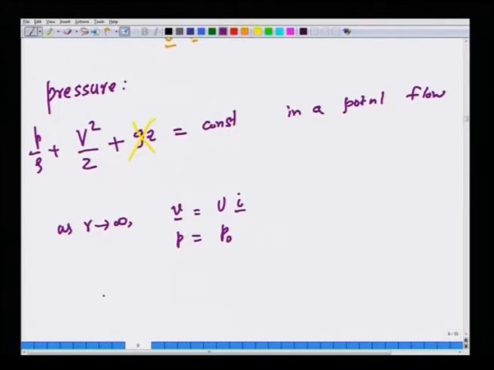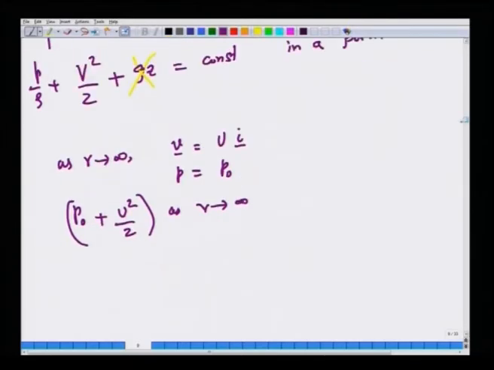So the constant is p naught by rho plus u squared by 2. We can fix that constant by looking at what the pressure and velocities are far away.